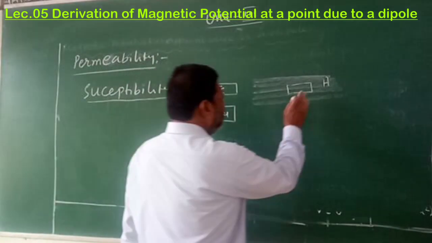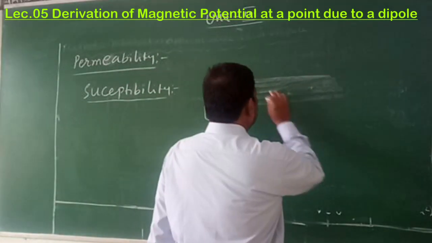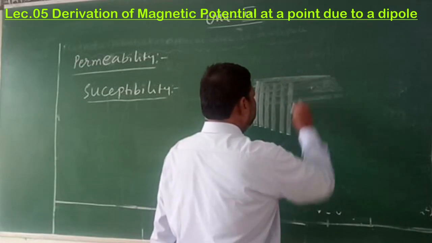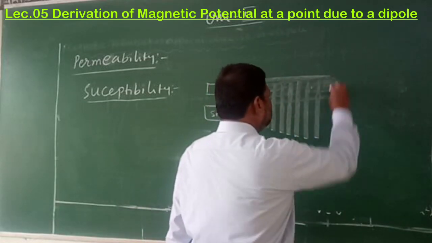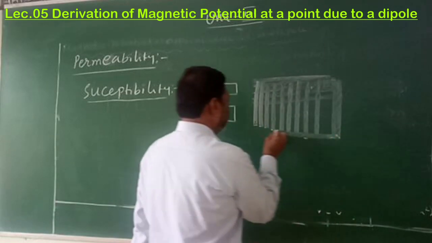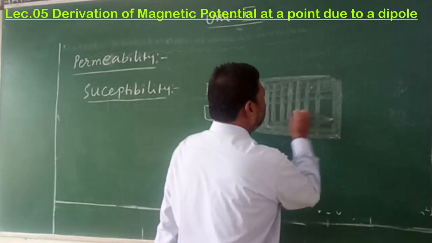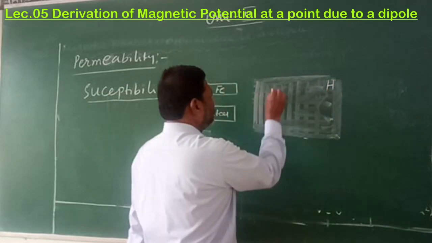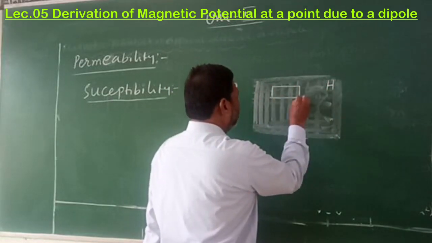Now you place these two into the same intensity of magnetic field, a magnetic field of intensity H.